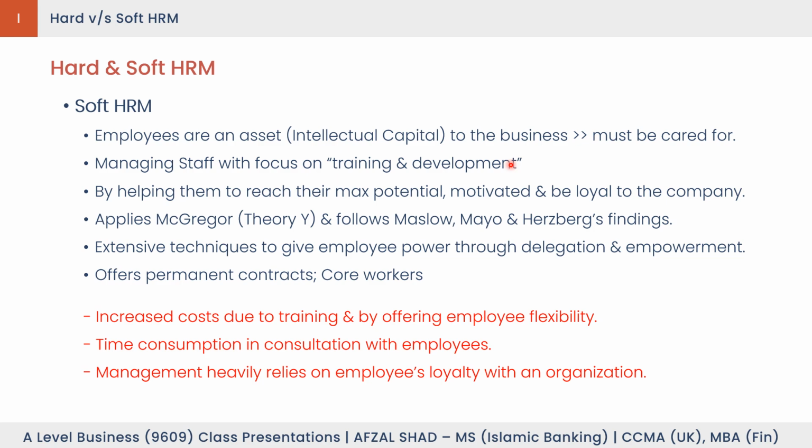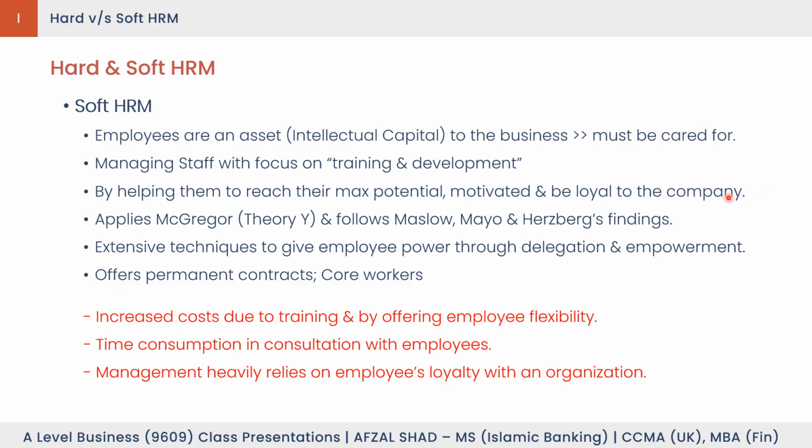Find the one who doesn't have the gap. But soft HRM believes that if there is a gap in an employee, sit, discuss, and find a solution. If training is required, train that employee so that the employee starts working with you in the longer run, by helping them reach their maximum potential, be motivated, and be loyal to the company.